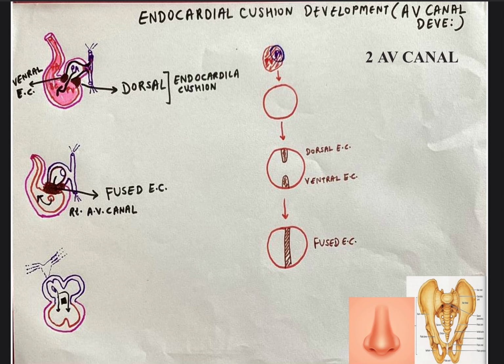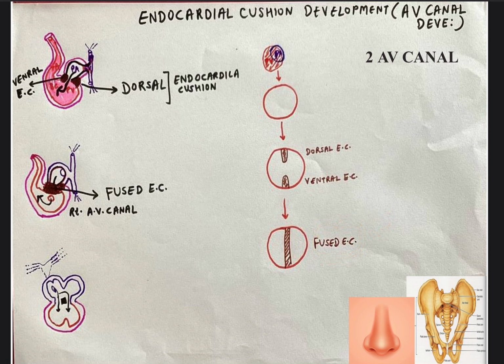We are aware that this is the primitive atrium, which is opening into the bulboventricular cavity through the atrioventricular canal. Here is our atrioventricular canal. Now what happened? One anterior cushion and another posterior cushion, known as the ventral endocardial cushion and dorsal endocardial cushion, start developing toward each other, and finally they form a single fused endocardial septum.